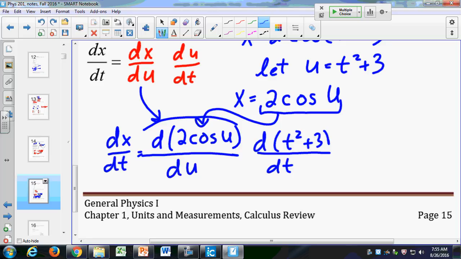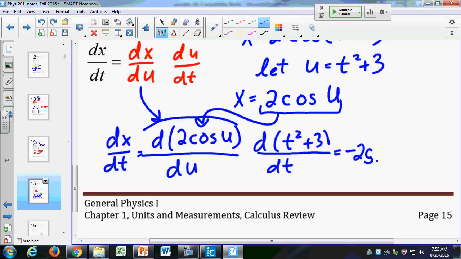I have the answer. So the derivative of cosine, what was the derivative of cosine? I always forget, is it plus or minus? It is minus. How do y'all remember that? Do you just know it? Okay, that's smart. So the derivative of cosine is negative. The 2 just comes out, it's a constant.